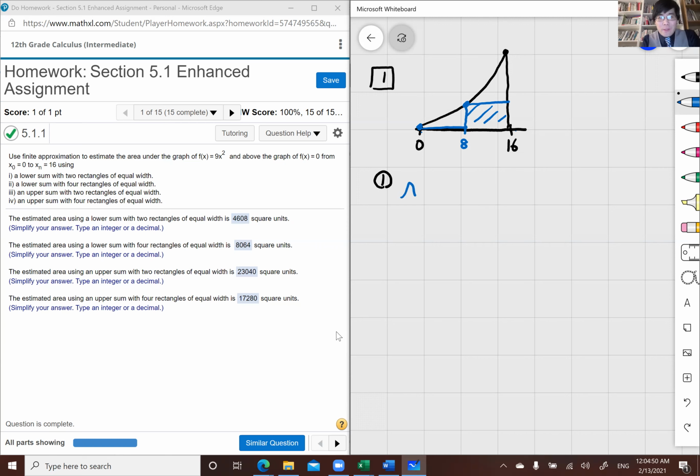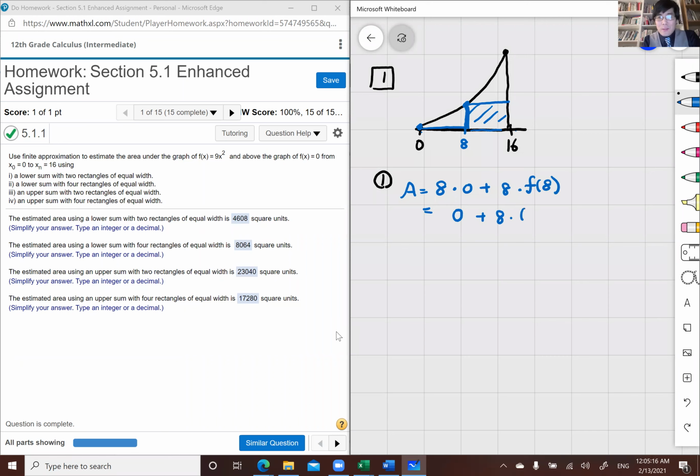So the area is going to be 8 times 0 plus 8 times the height here, which is f of 8. The first rectangle has a 0 area, and the second rectangle has a width of 8, and the height is f of 8.